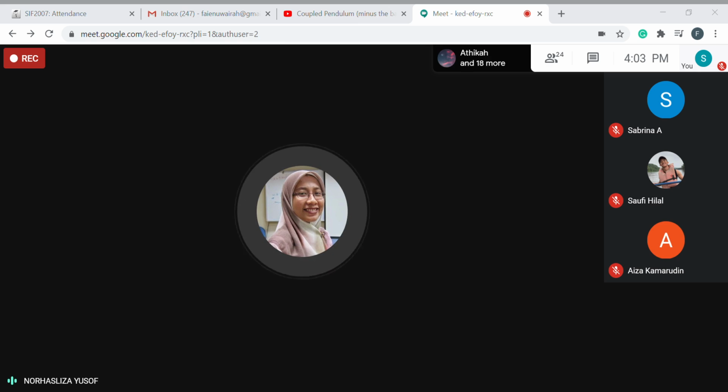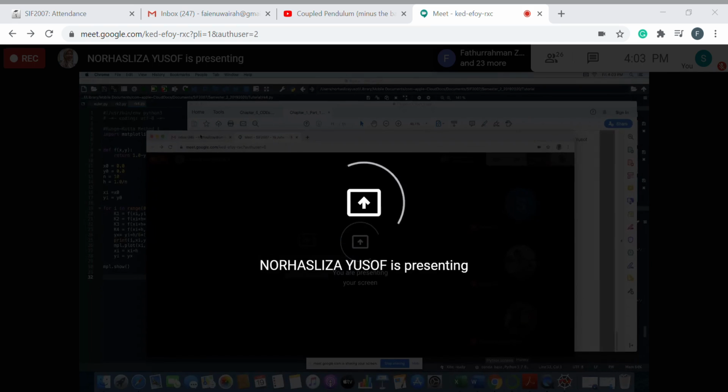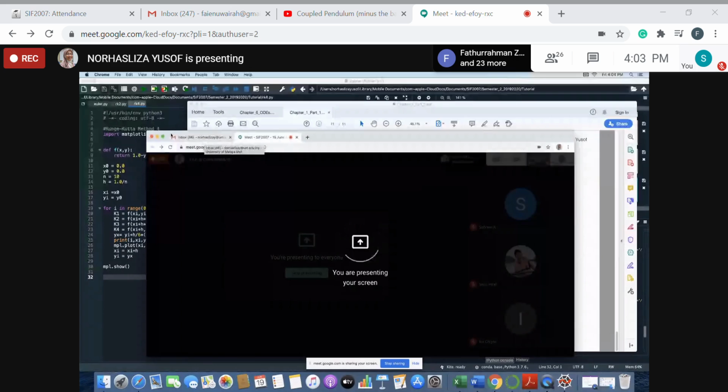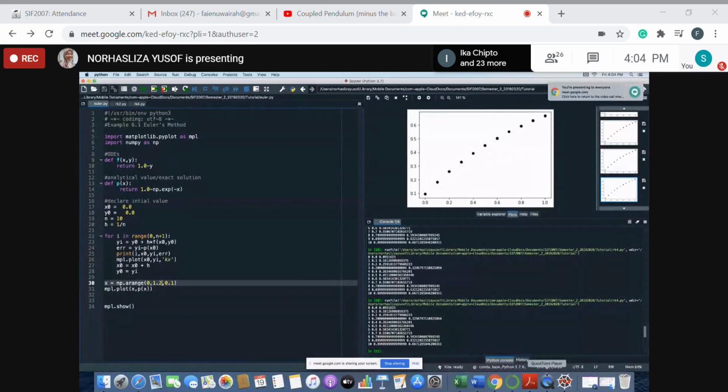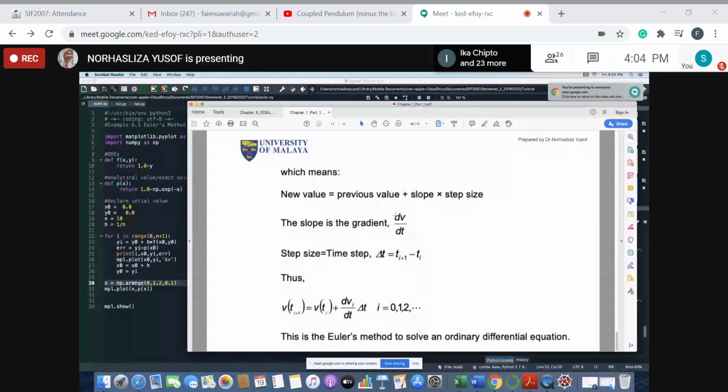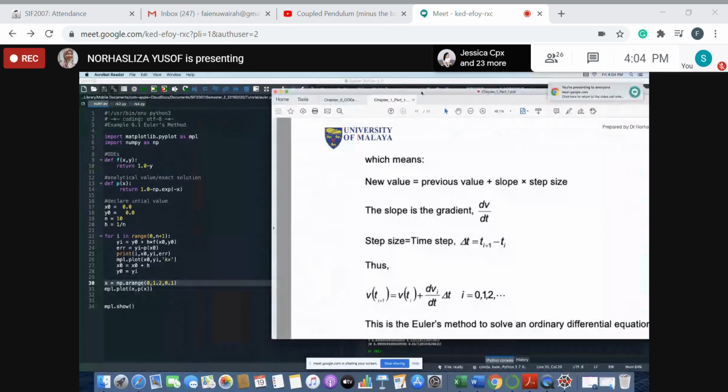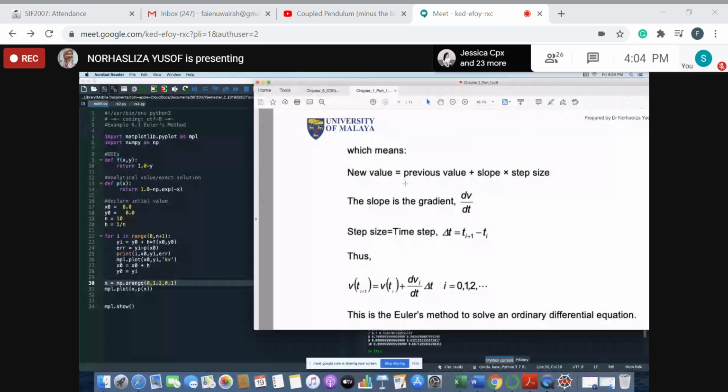I'm going to share my entire screen. Okay. All right, so we move back to our Euler's method here, and also we have our formulation here. I hope you can see both of this, right?